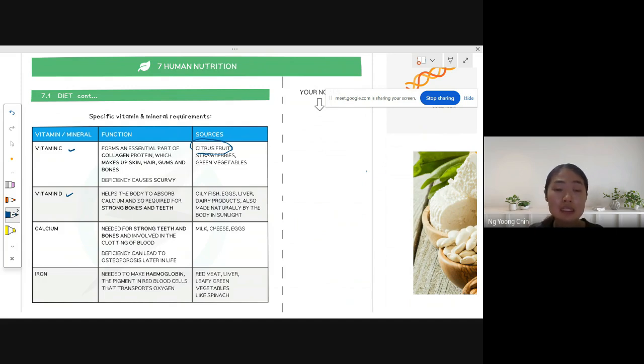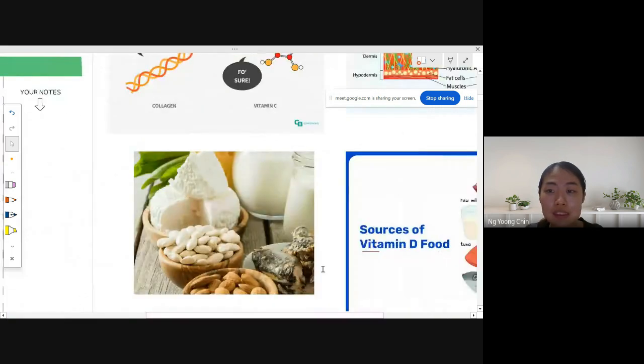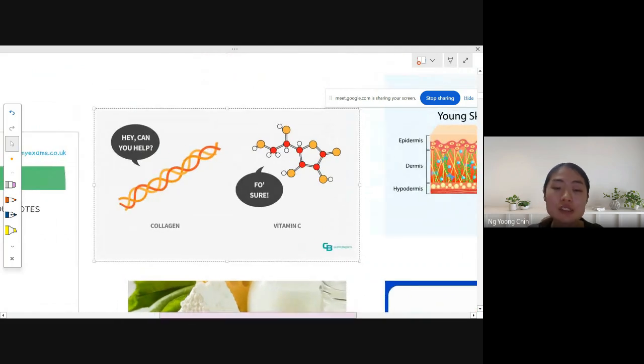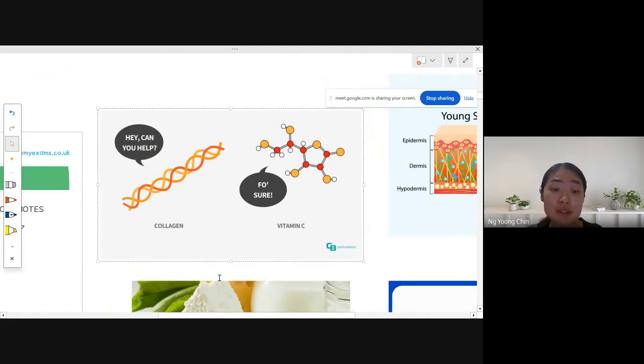So what's important about vitamin C? Vitamin C actually helps to form an essential part of collagen proteins. I'm not sure if you have heard about collagen before. Collagen is a kind of protein product found mostly in our skin. Collagen in Mandarin is called 胶原蛋白.